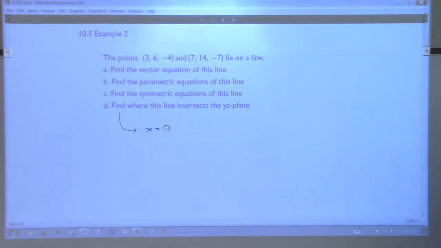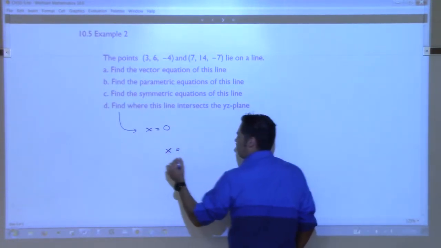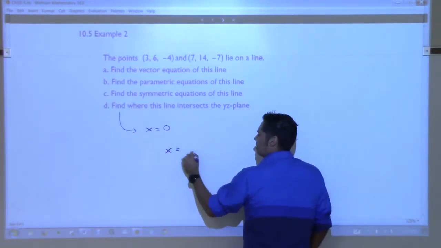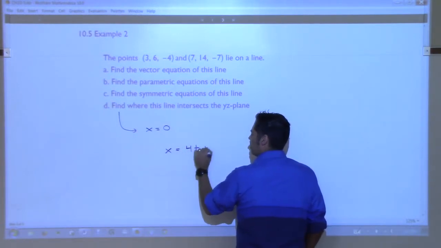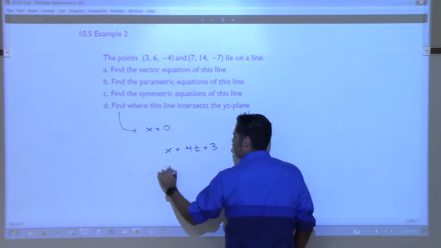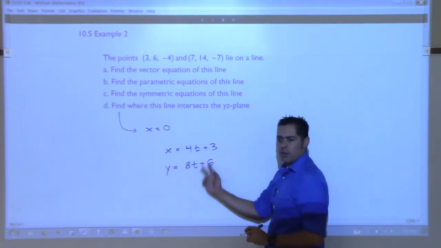Now, how does that help us? Plug it into your symmetric or your parametric equations. So let's look at the parametric first. You have them for me. What was it? x was 4t plus 3, and then y was 8t plus 6. So you flipped them over, right?